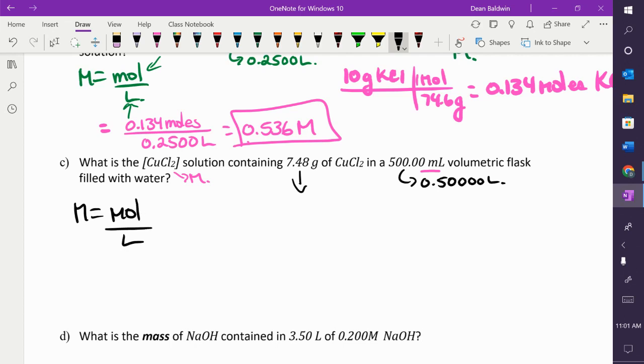So I have to convert 7.48 grams of copper chloride into moles. So you need the molar mass. 134.5. That's what I have written down.